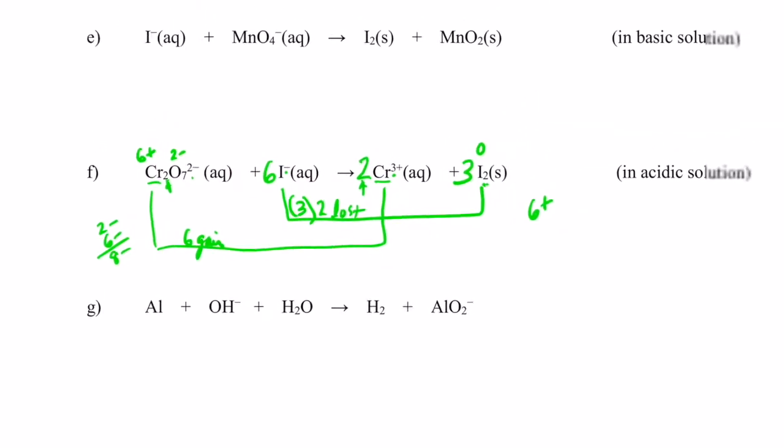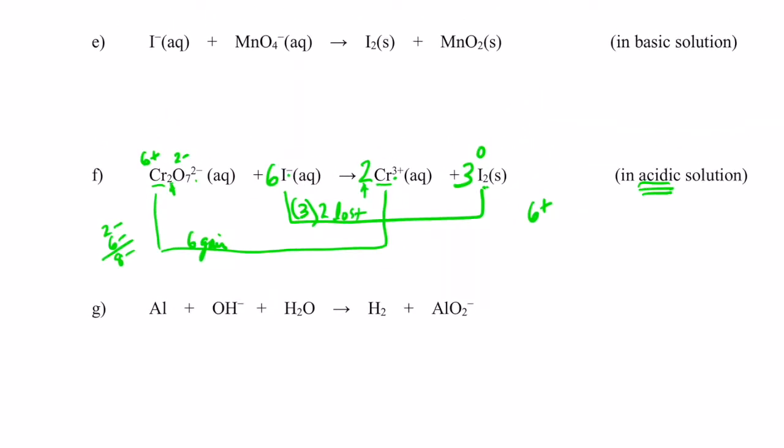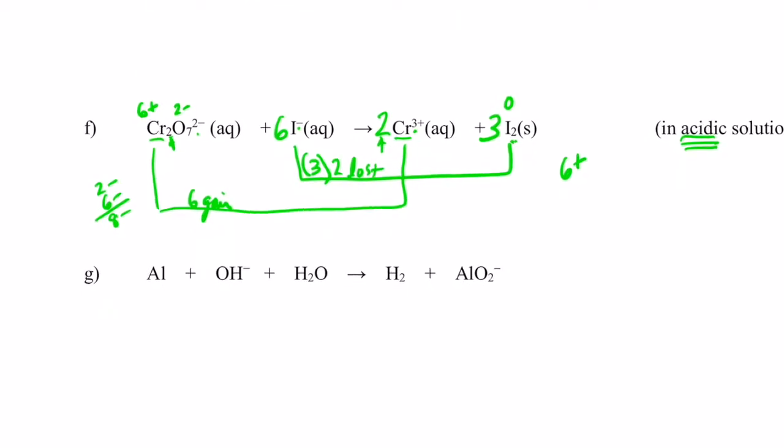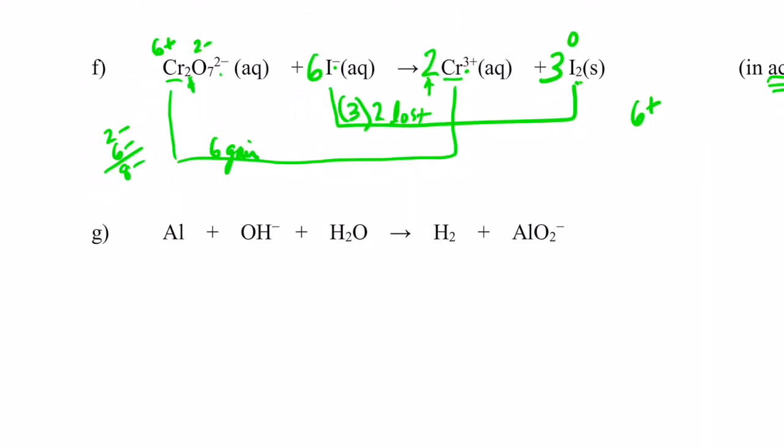This is an acidic solution, so I will use H pluses to balance it, and I'm going to have to add 14 H pluses to the left side. That way I'll have 6 positives on each side. So I have to actually write in my equation 14 H pluses as part of the reaction.